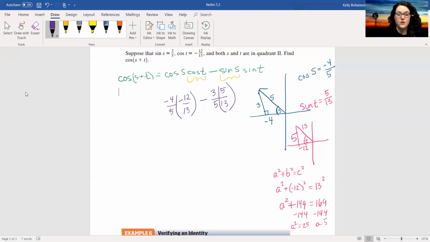And then I can just work that out. So I end up getting 33/65. And I don't think that simplifies because 33 is only divisible by 3 and 11, and 65 is not divisible by either. So that's your final answer.